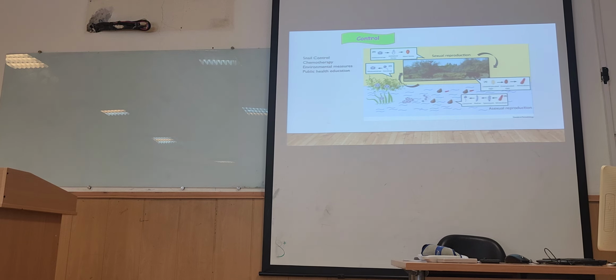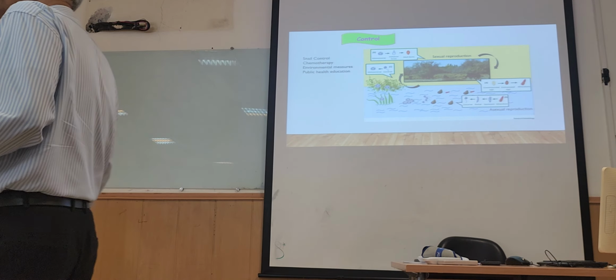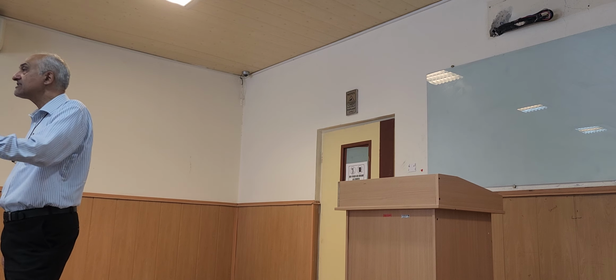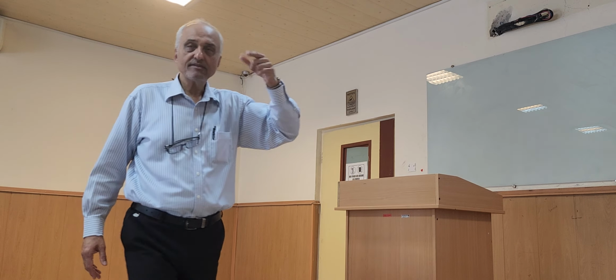No. Why are chemotherapy and mass chemotherapy among humans, cattle and sheep a very effective means of control? Because it destroys the parasites and the eggs. Yes, the chemotherapy destroys the parasites.